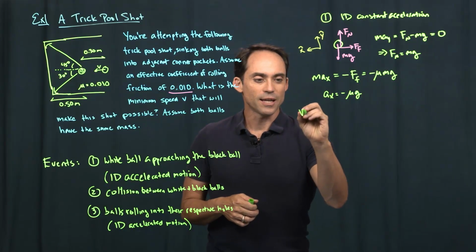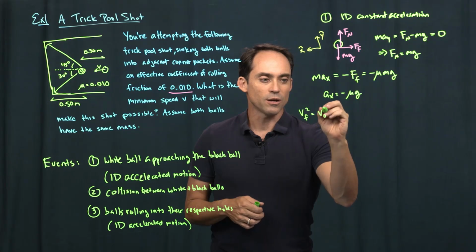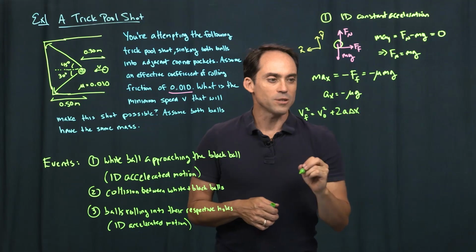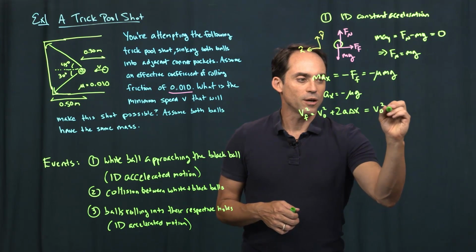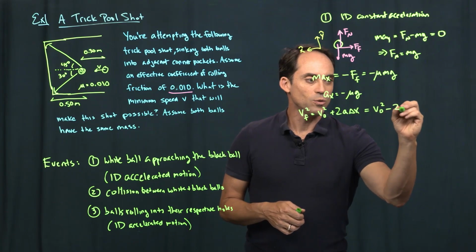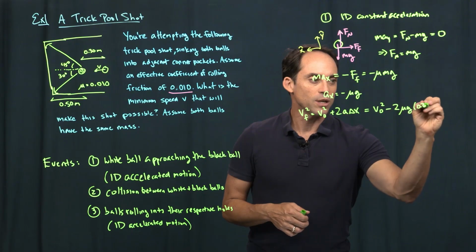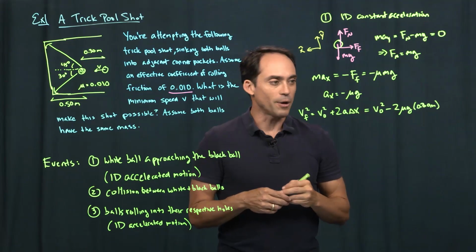If you recall, the final speed squared is equal to the initial speed squared plus 2 times the acceleration times the displacement. In this case, that's equal to the initial speed squared minus 2 mu g times 0.30 meters, which was our initial displacement between the white ball and the black ball.